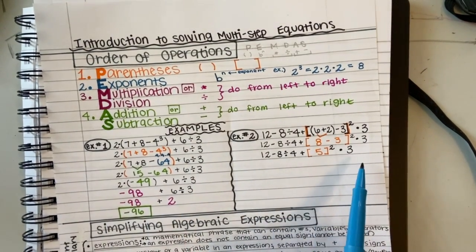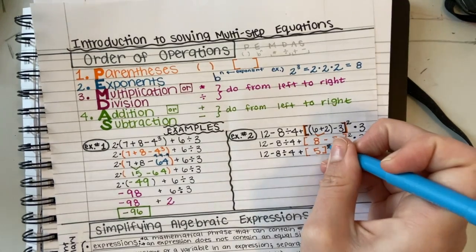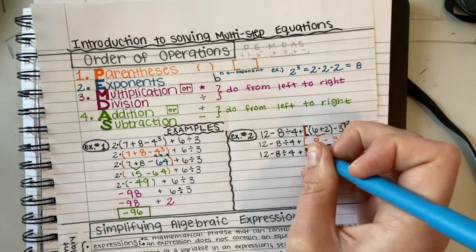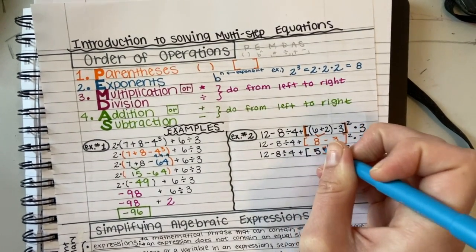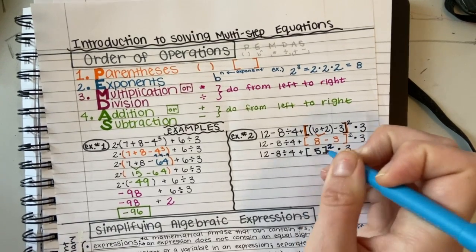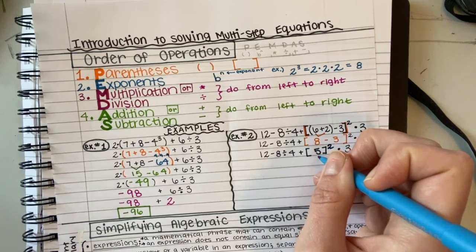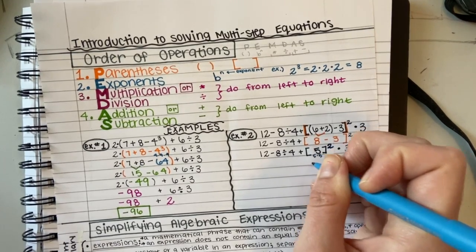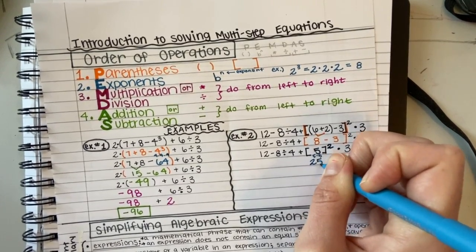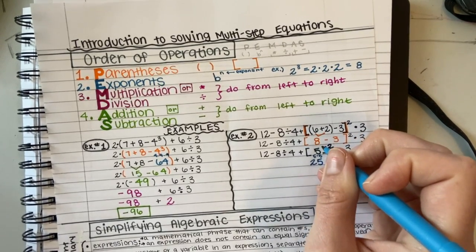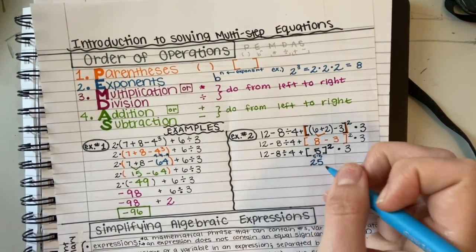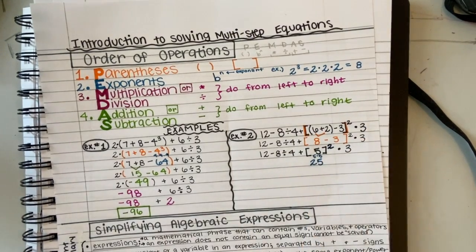So when I'm looking at this, I see that there is an exponent on this 5. So what I'm going to do is solve for 5 squared. 5 times 5 is 25. So I have simplified this exponent to be 25.